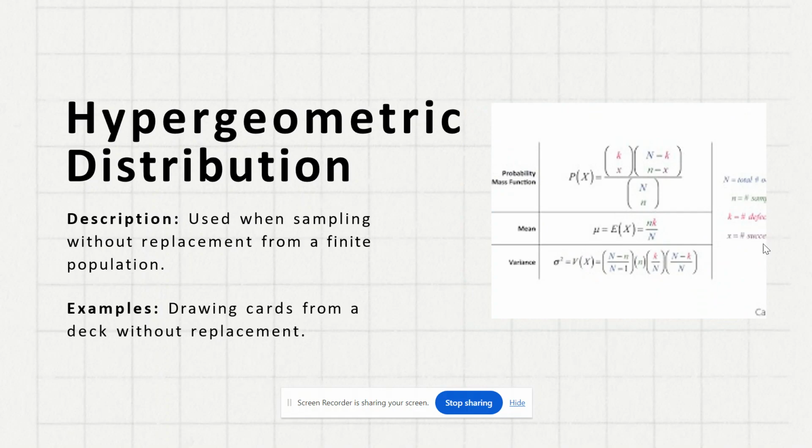For example, I have 30 balls and I took 5 balls in the first sample. So at the second sample, I will not be able to take these 5 balls because I have already taken them in the first sample. So this is the example, drawing cards from a deck without replacement. When you take a sample of something and you don't want to use it in the future for the sample, then it becomes a hypergeometric distribution.